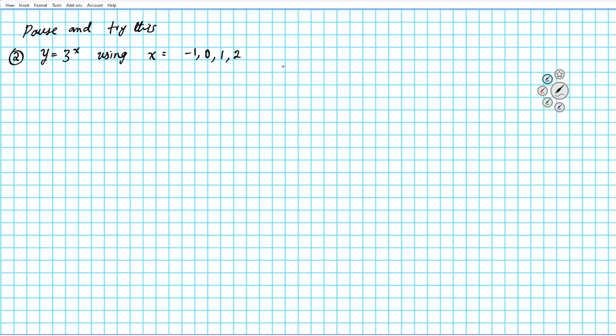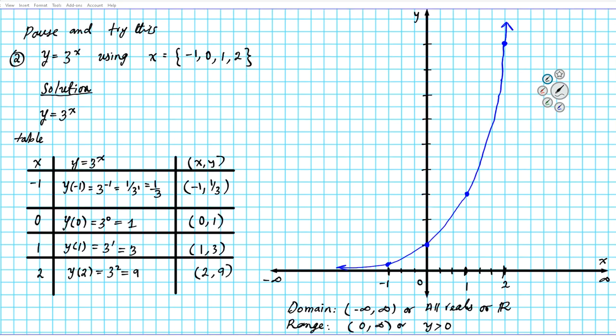We're going to go from -1 all the way to 2, and then specify what the domain and range of the resulting graph is. So go ahead and pause the video presentation at this time and try out the problem. All right, so here goes the answer to question number 2. You can see the input-output table, the graph, and the domain and range.